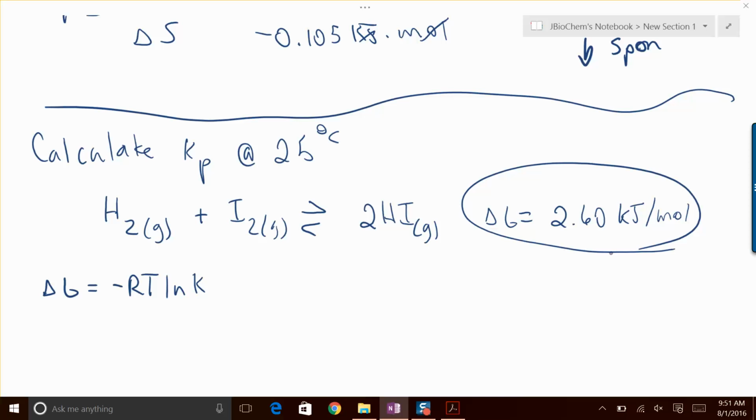Your constant 8.314 is in joules, and your delta G is in kilojoules. The constant here is 8.314 joules per Kelvin mole.